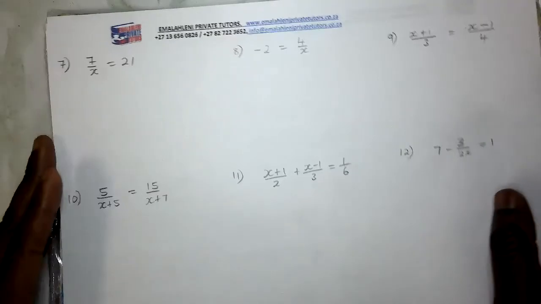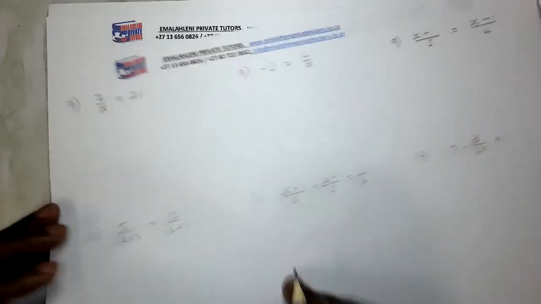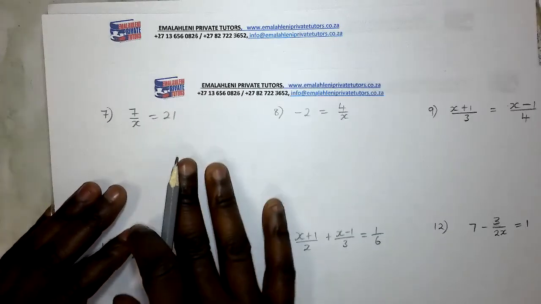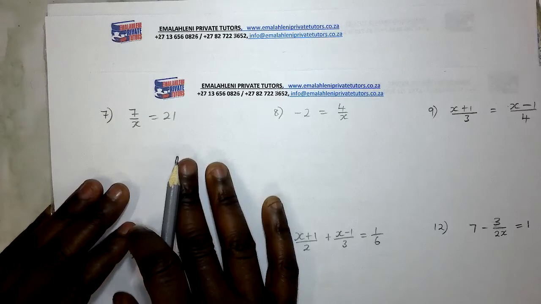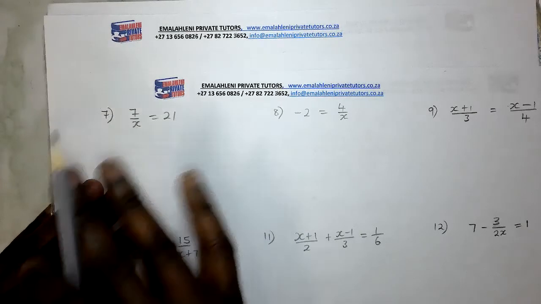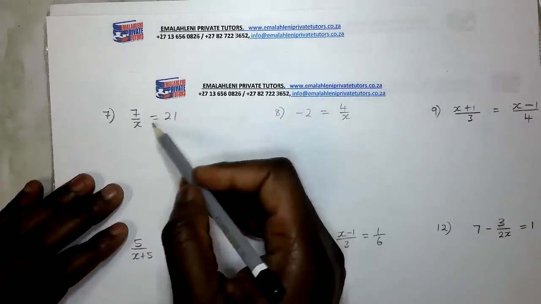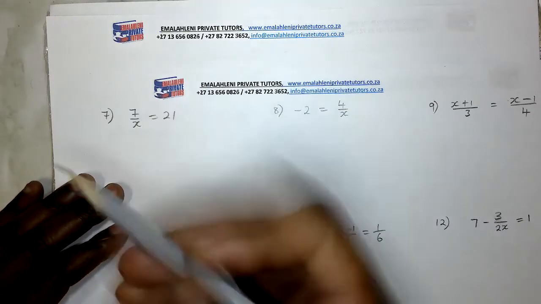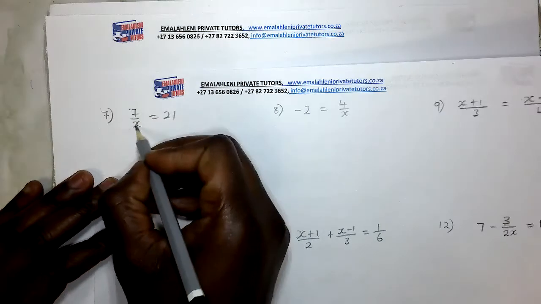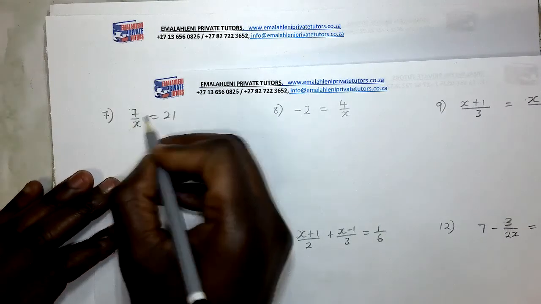Okay. Now let's look at the last slide. The last slide is saying 7 over x is equal to 21. How do you deal with this? Here, you deal with that using cross multiplication. You don't need to stress yourself. You cross multiply. How do you remove the x here? You multiply by x throughout.